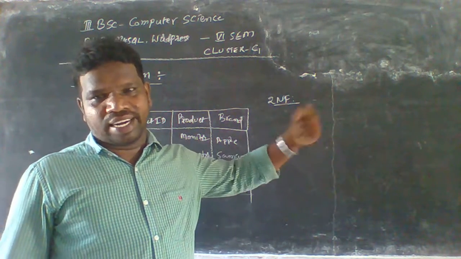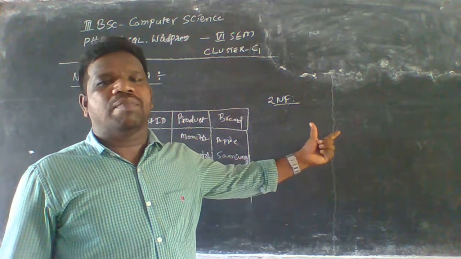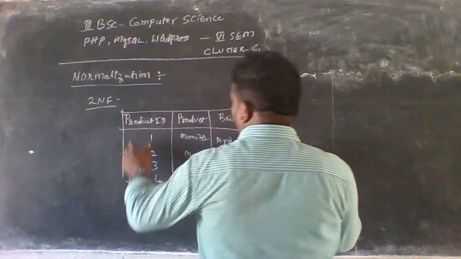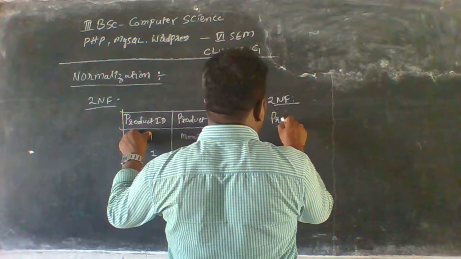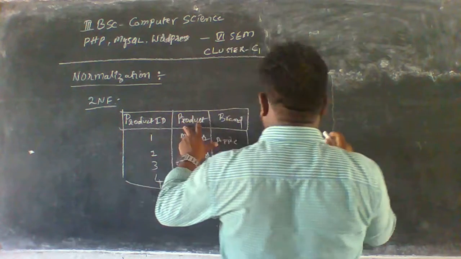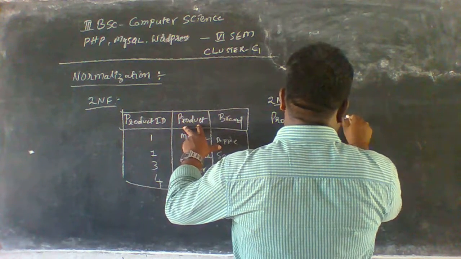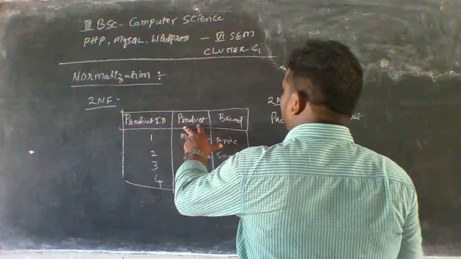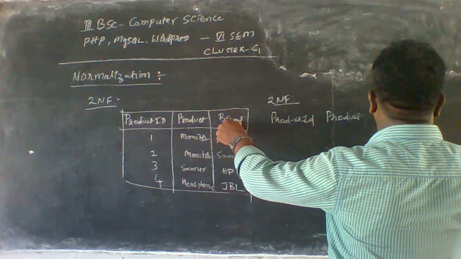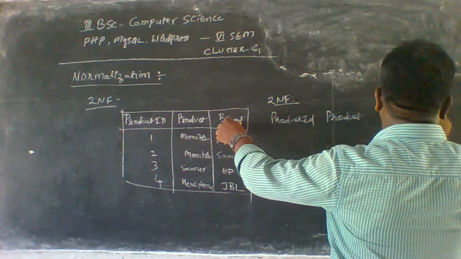The next table contains only the brand table, that is brand ID and brand. So we take product ID and product here, and the brand ID. This is the other table, brand ID and brand.